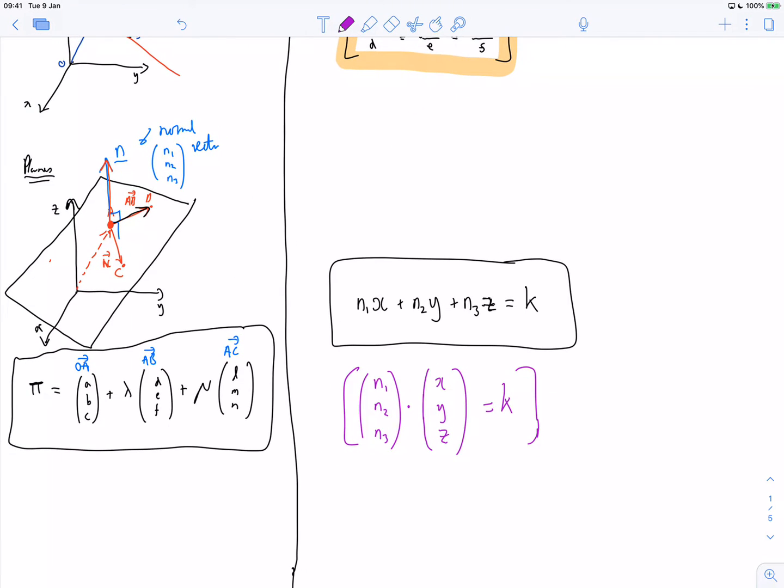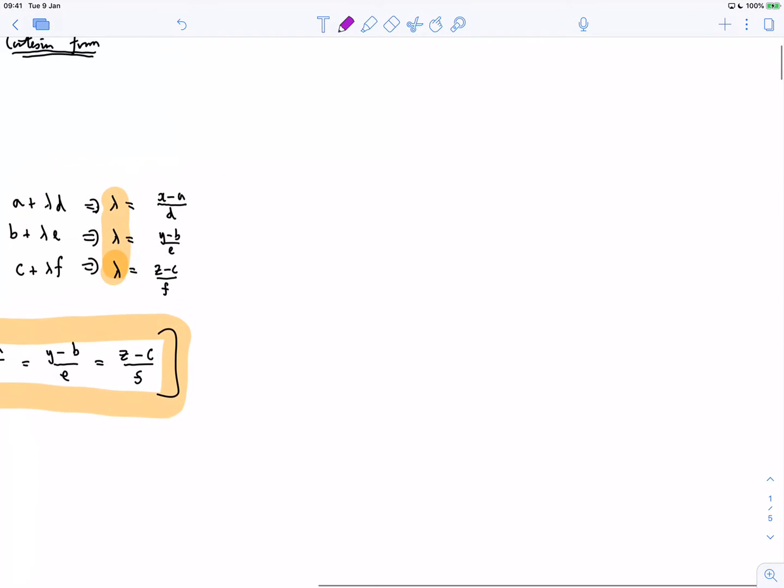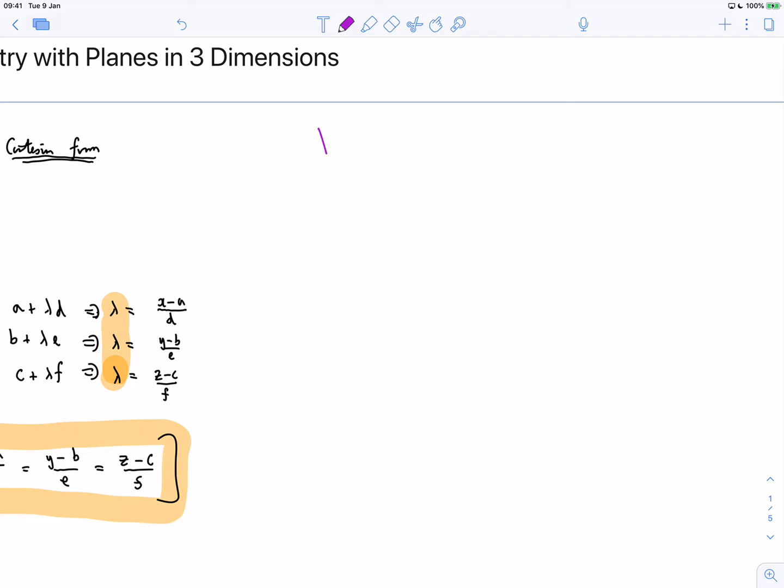Now the trick is, how do I find that normal vector given that I've only got these two vectors here, AB and AC? To do that, we're going to need a little trick in our toolbox, which I'm going to go over here, and this is called the vector or cross product.